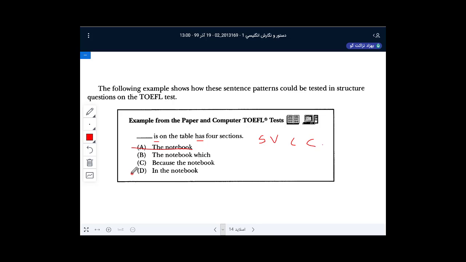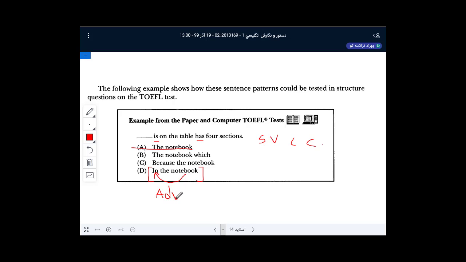Why not choice D? In the notebook is on the table. Because in the notebook would make the notebook an object of the preposition. Very good. And it can't be the subject. You remember, preposition plus the object of the preposition is an adverb in initial position.